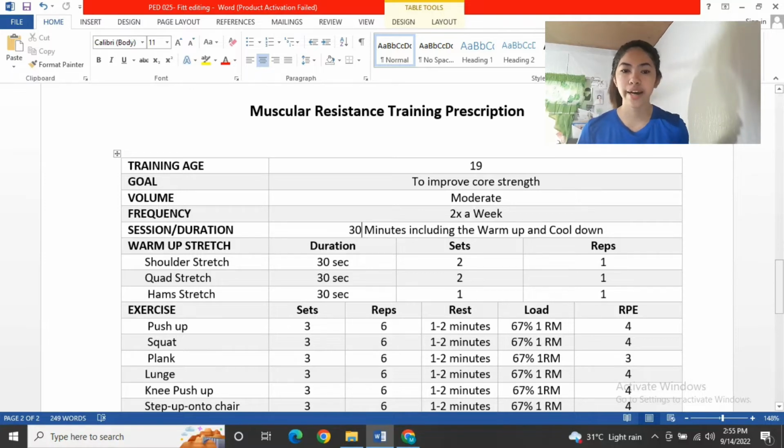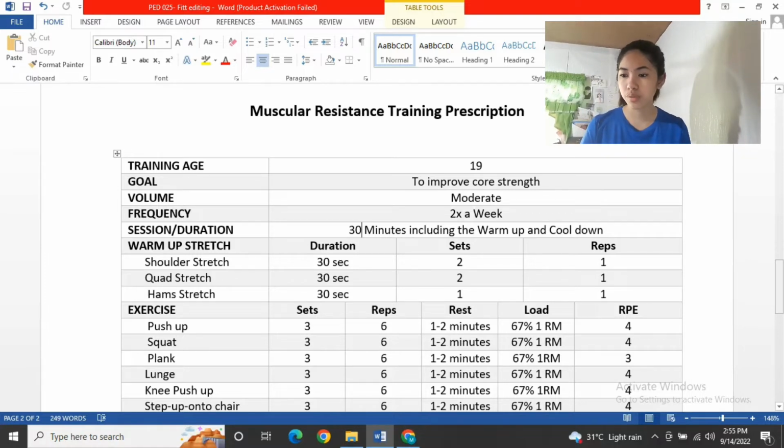So we have the training age, the goal, the volume, the frequency, the sessions or durations, the warm-up stretch, exercise, and the cool-down stretch. In my training age, my age is also 19. My goal is to improve my core strength.